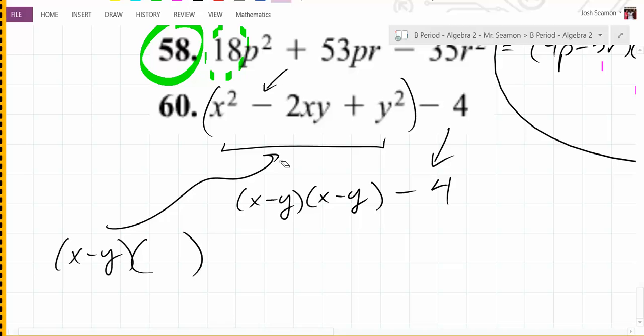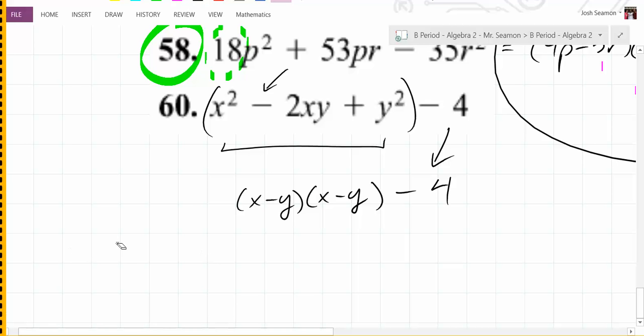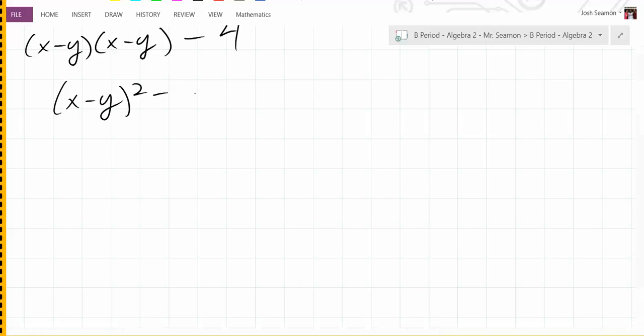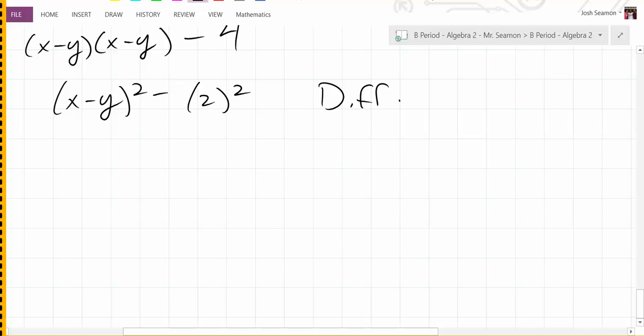So at this point, what's another way to write something times itself? Squaring it. And 4 is the same thing as what squared? 2 squared. So what do you see at this point? Difference of squares. So what do we know it factors into?